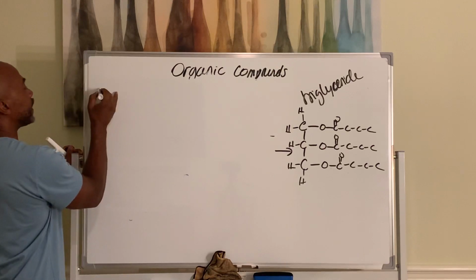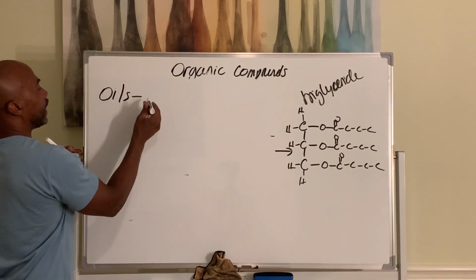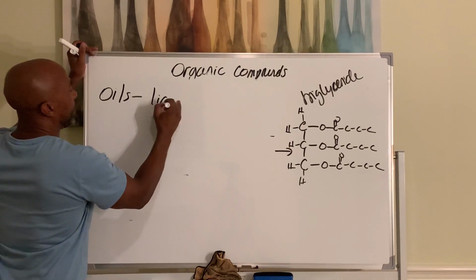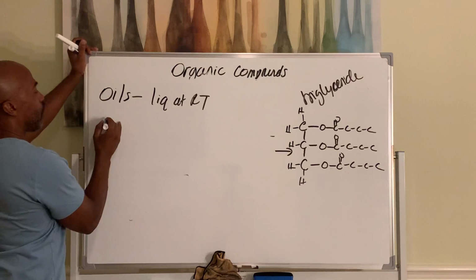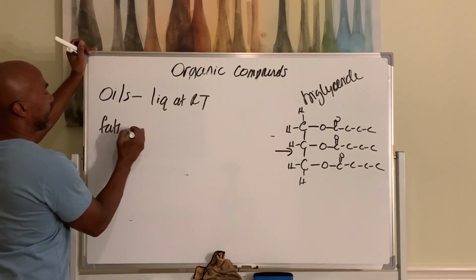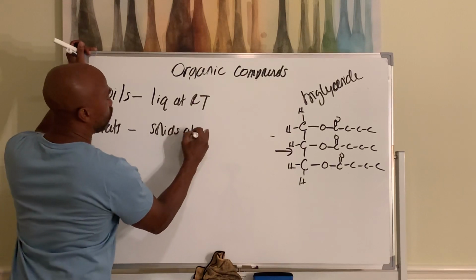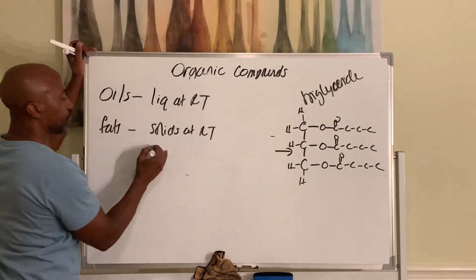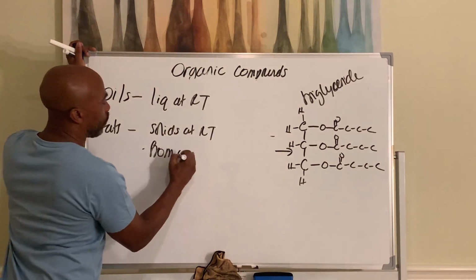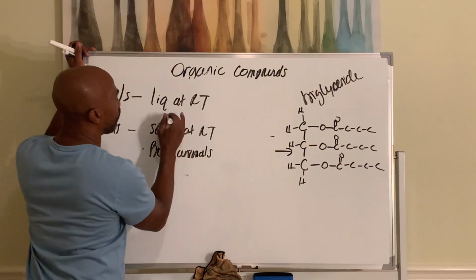So triglycerides are called oils if they are liquid at room temperature, okay? Or they're called fats if they're solids at room temperature. Usually the fats come from animals, right? While the oils come from plants.